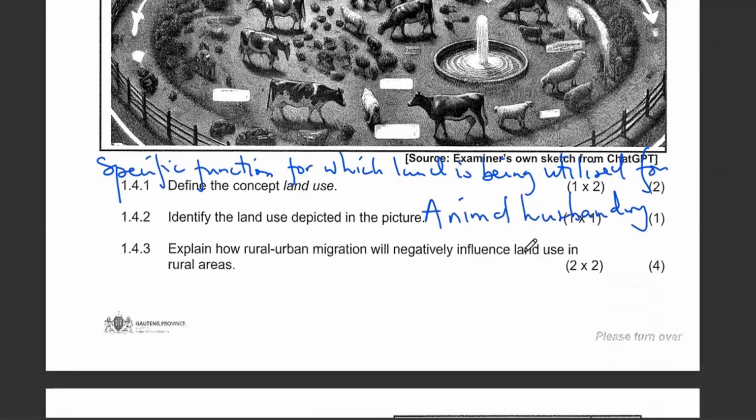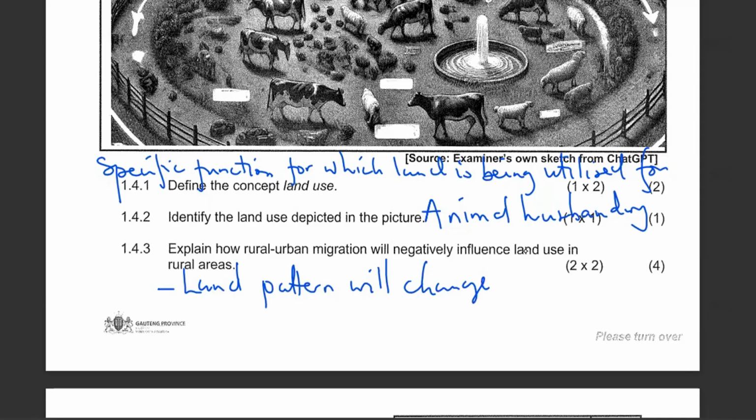All right, explain how rural-urban migration will negatively influence land use in rural areas. How will rural-urban migration influence land use? What is going to happen there? The land use pattern is most definitely going to change. For example, some lands which were being used for farming will no longer be utilized for farming.